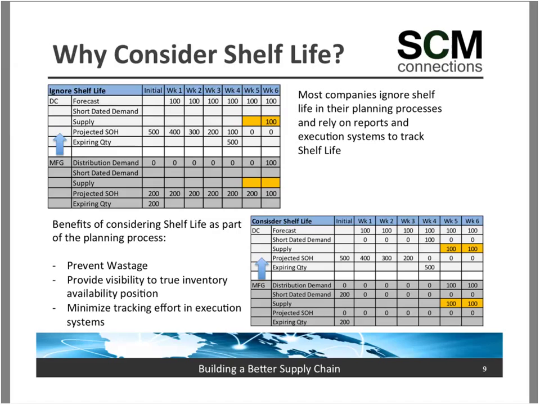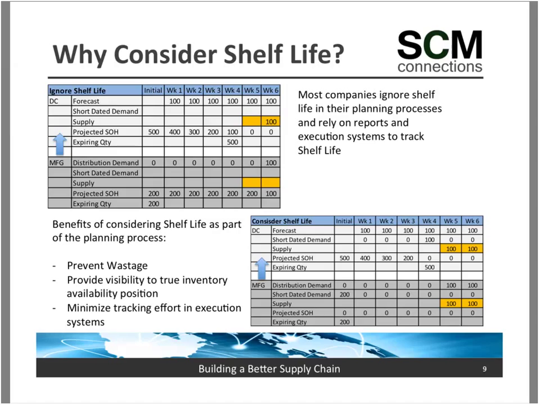you'll see that what we want to do is take whatever is unfulfilled. So you've got this 500 over here of inventory, and you've got 400 demand.